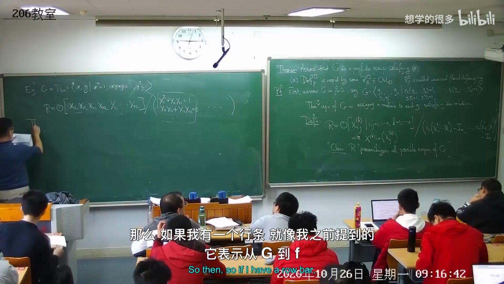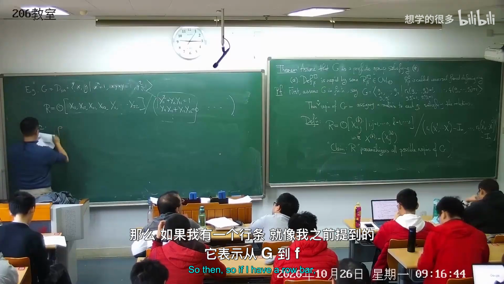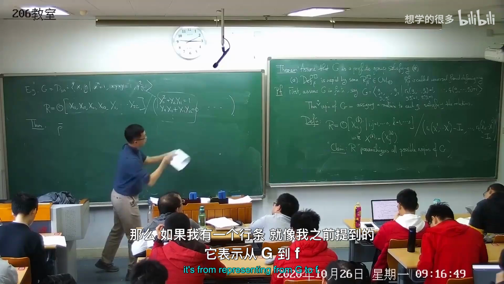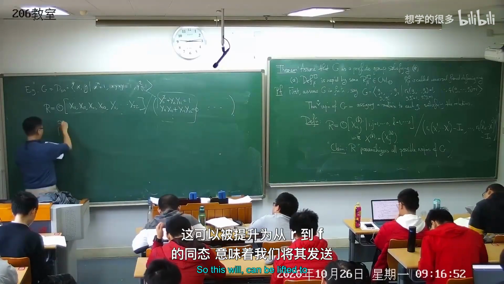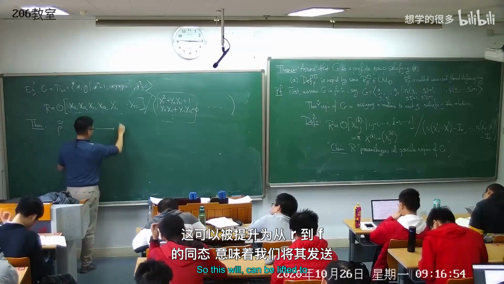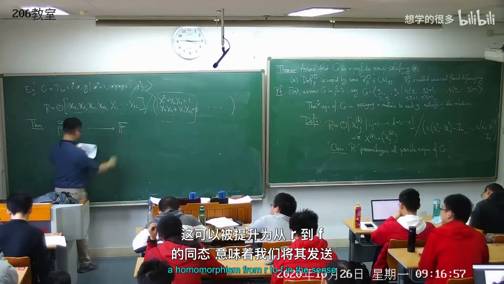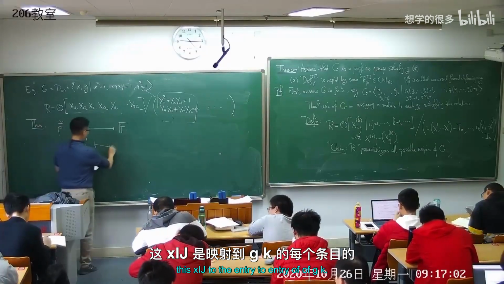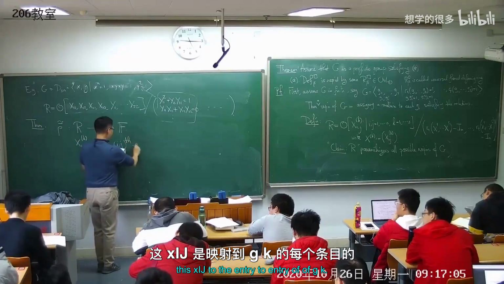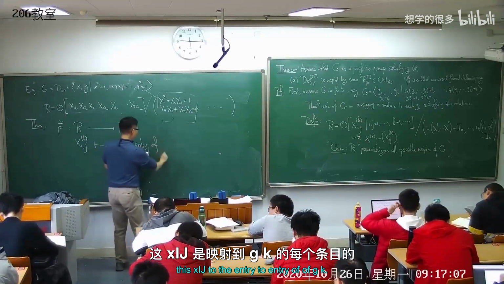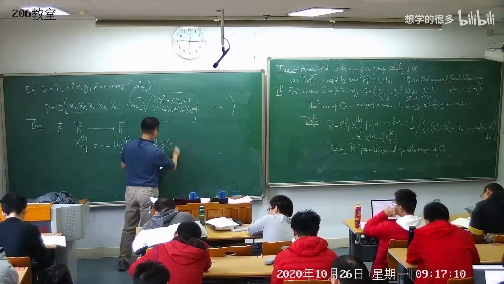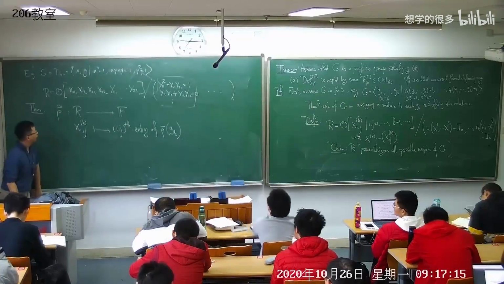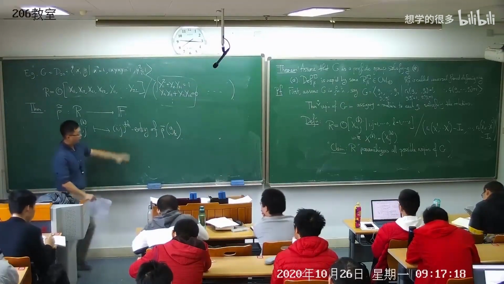So then, if I have a rho bar, as I had earlier, a representation from G to F, this can be lifted to a homomorphism from R to F, in the sense that you send x_{ijk} to the ijth entry of rho bar of g_k.